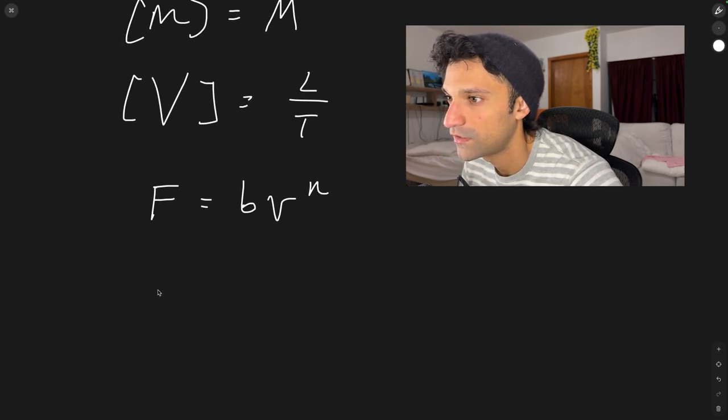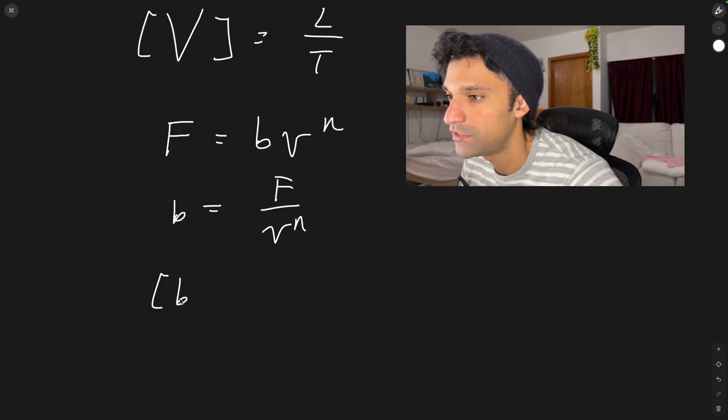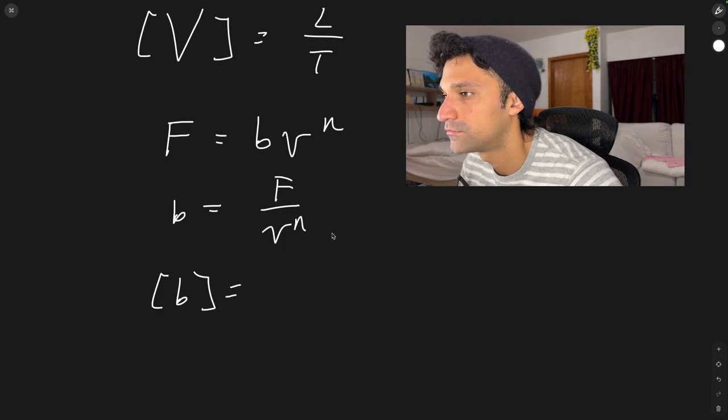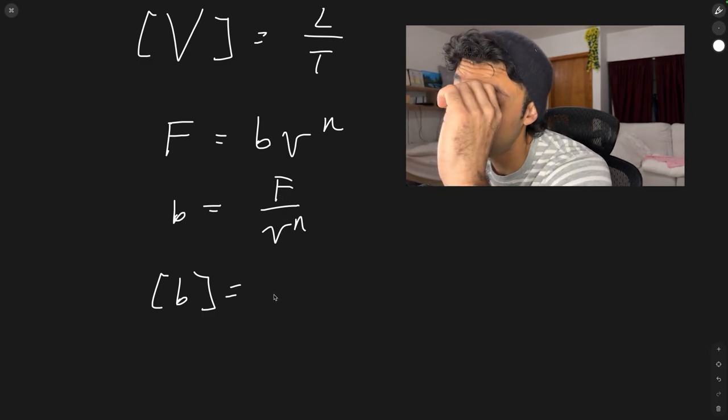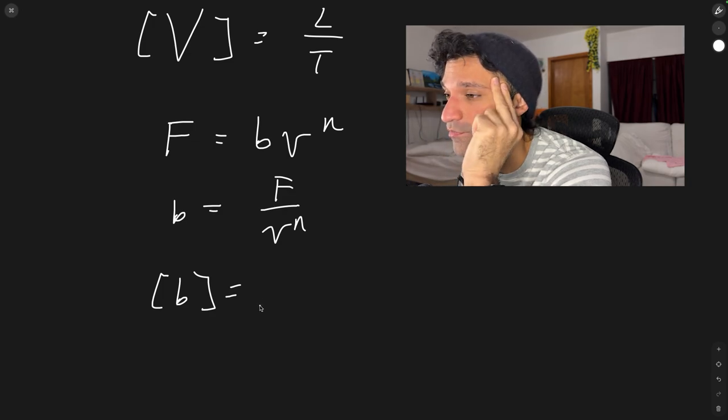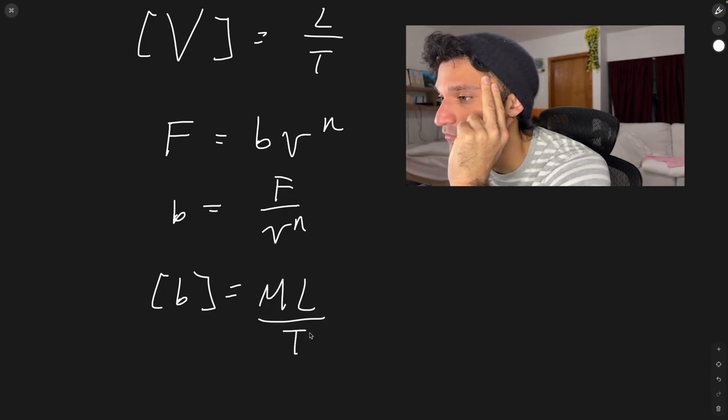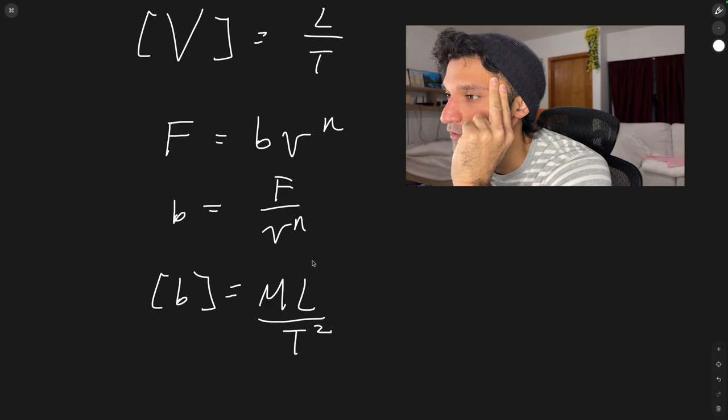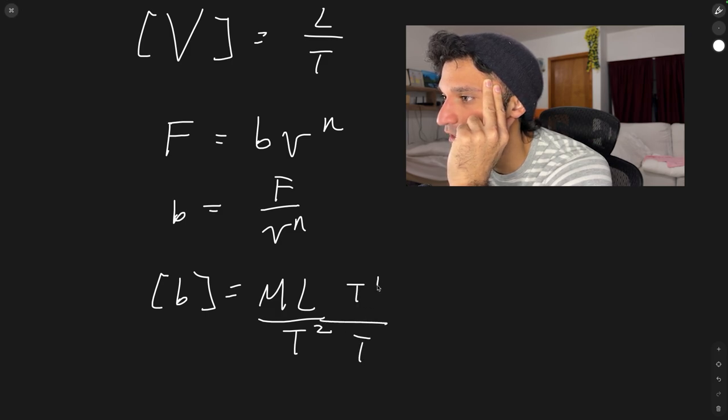So we know that there's a damping force, F equals b v to the n, which means that b is equal to F over v to the n, which means that the units of b are the units of F. That's going to be mass times acceleration. And then the reciprocal of speed is, instead of length over time, time over length.